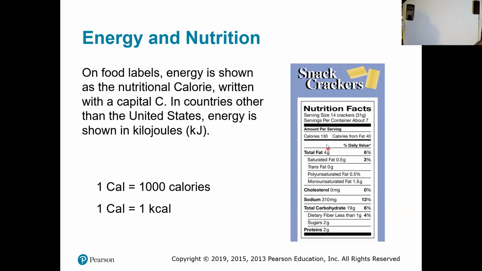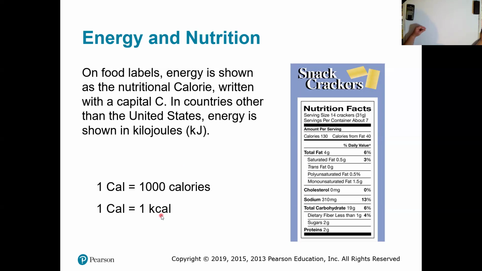What's interesting about nutrition labels is that no nutrition label is written with the units of lowercase calories. All nutrition labels represent the kilocalorie.